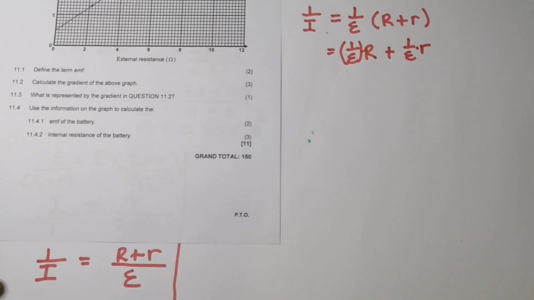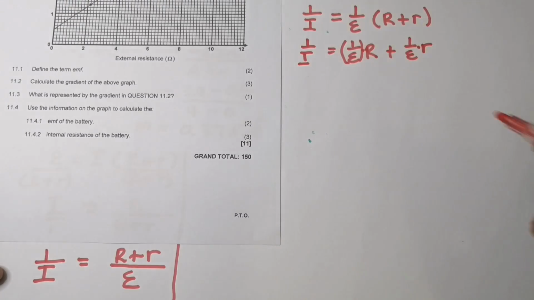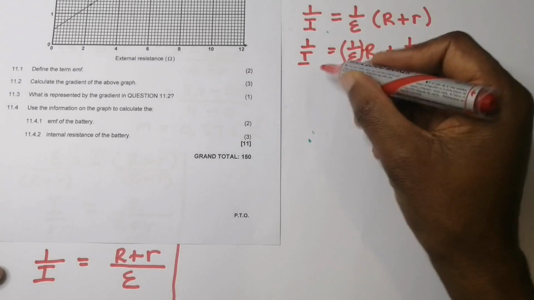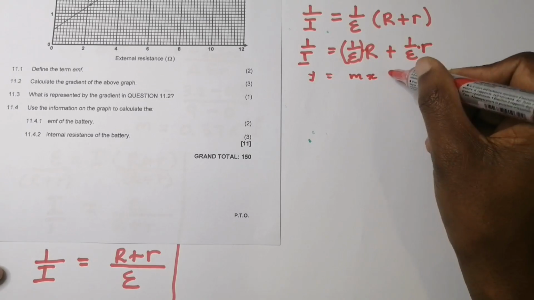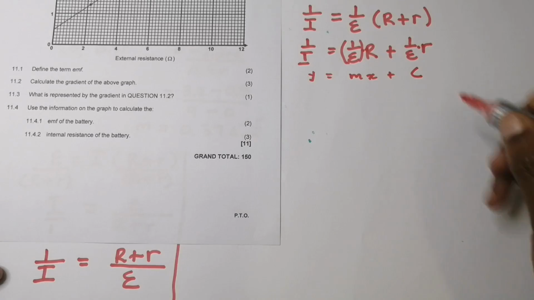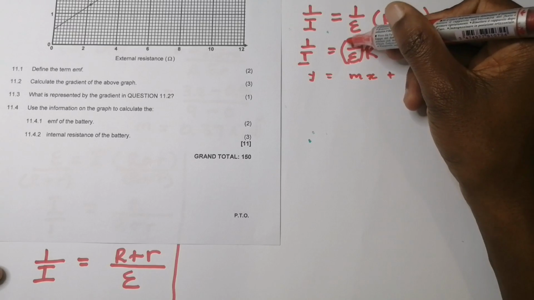Now in this case, we've got 1 over current making that. Now, please, I want you to note. So if you think of this as a straight line graph, mx plus c. So it means now what represents your gradient? Your gradient would be 1 over E.